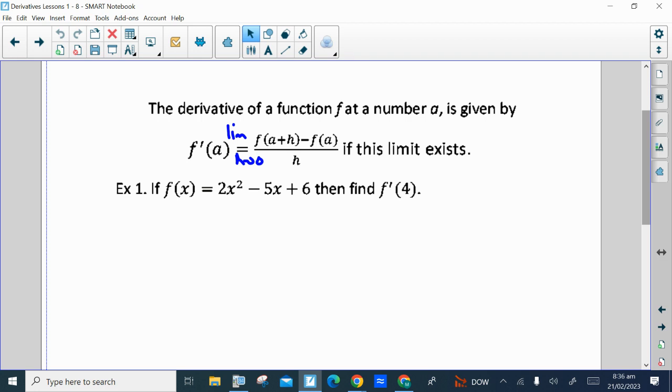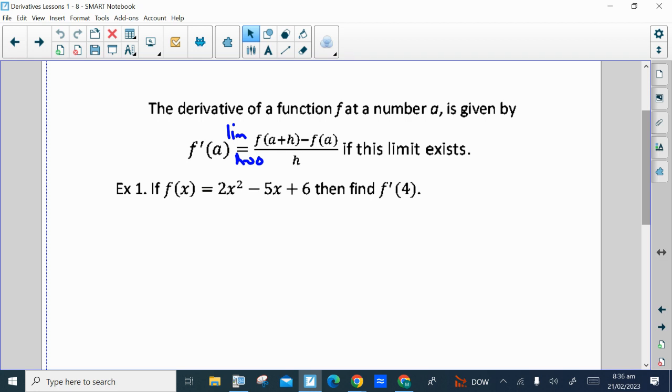Okay. So now we're going to see what derivatives are. And you should recognize that formula. The derivative of a function f at a number a is given by, so f prime a means the value of the derivative. That's what that prime means. It means you're taking the derivative of the function. So f prime at a means the value of the derivative when the variable equals a, equals the limit as h approaches 0.